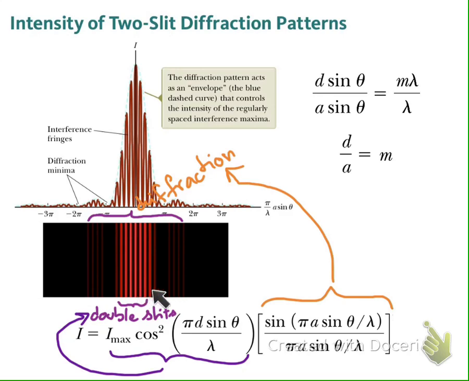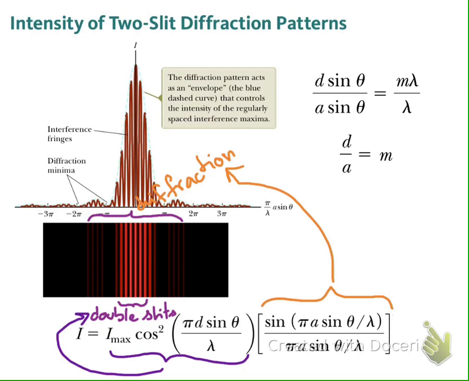For example, in this figure, m is 1, 2, 3, 4, 5, and about 6. It means that you have 6 interference fringes in the first diffraction pattern, from the center point to the first dark fringe of the diffraction pattern.